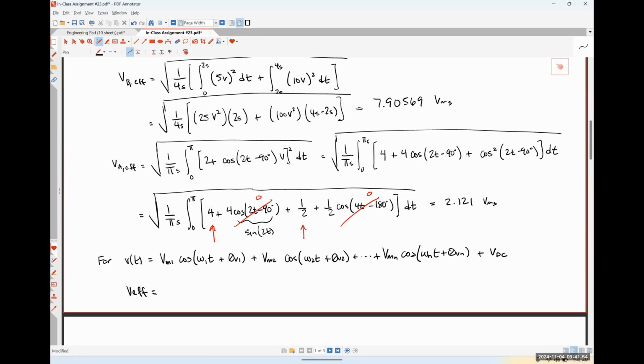The effective value will be the square root of VDC squared plus VM1 over square root of 2 squared plus VM2 over square root of 2 squared, all the way out to VMN over the square root of 2 squared.